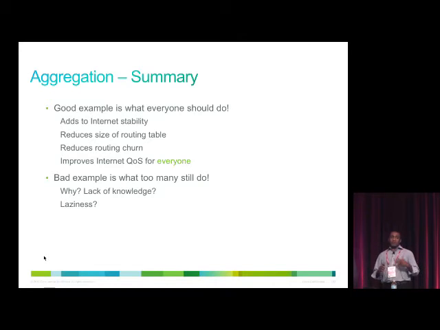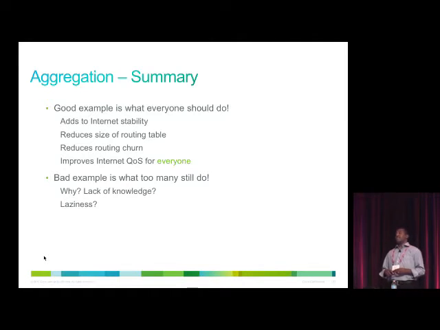So you can see that aggregation increases the stability of the internet, reduces the size of the routing table, which also contributes to the stability of the internet. It reduces route churn, and it improves quality for everybody, not just for your customer, not just for the entire internet, but for everybody.